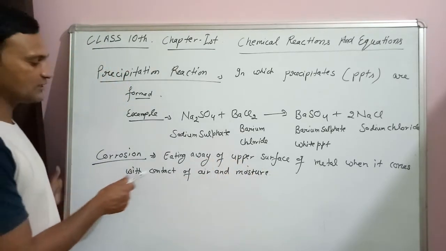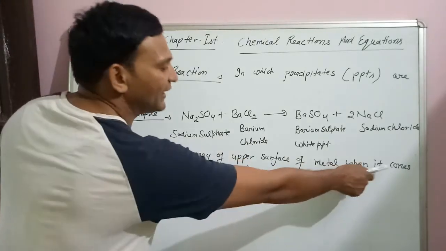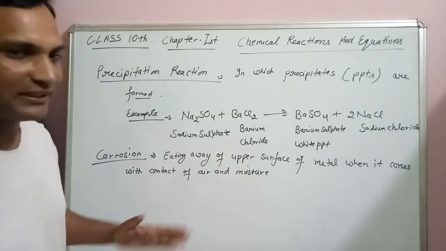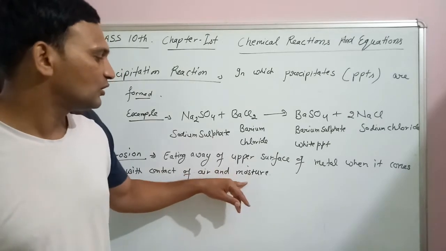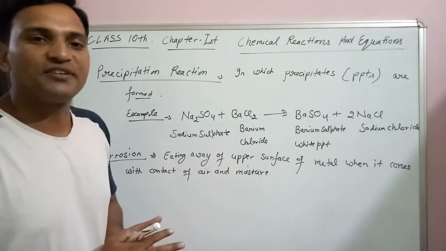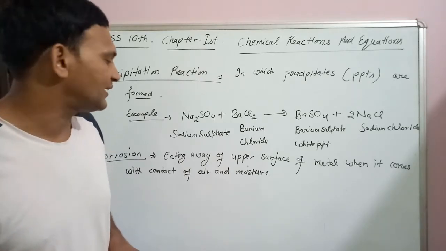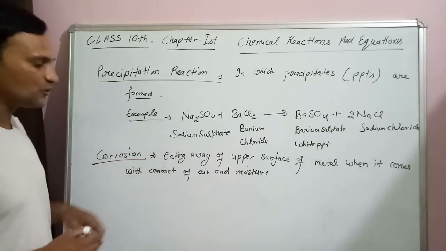The corrosion is known as the process of eating away of the upper surface of metal when it comes in contact with air and moisture. So when the upper layer of the metal comes in contact with air and moisture, the upper surface becomes corroded or rusted. So that is known as corrosion.